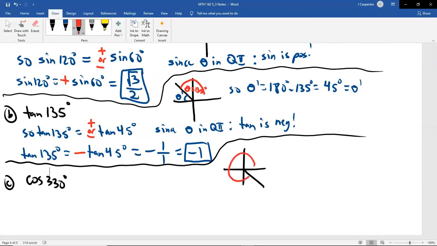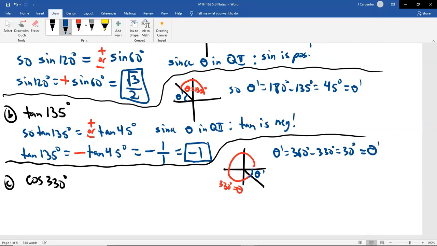This would be 330 degrees, roughly. That's our actual angle, which makes this tiny little chunk our reference angle. And the only way to get an answer between 0 and 90 is to do 360 minus 330, the original angle, which would be 30 degrees.